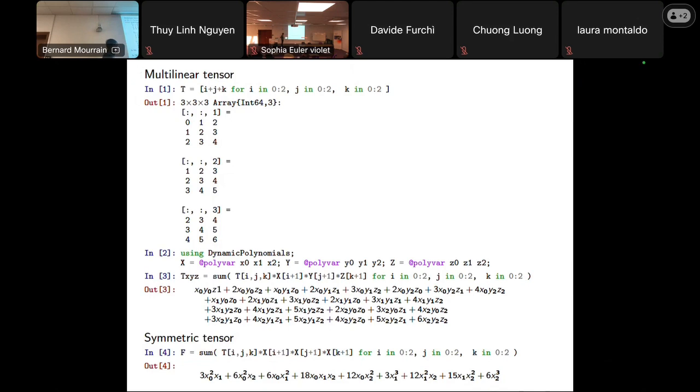And we can see this as a polynomial with the variables x0, x1, y0, y1, y2, z0, z1, z2, just by taking the sum of these indices i, j, k times the corresponding variable.